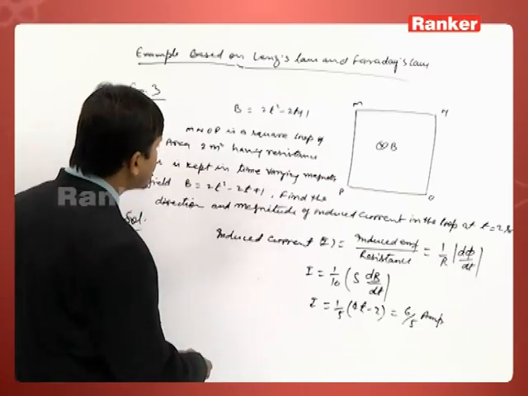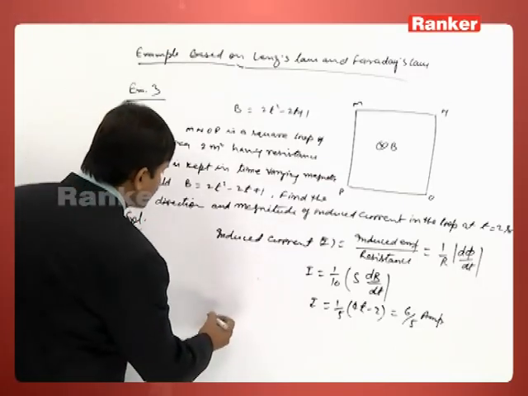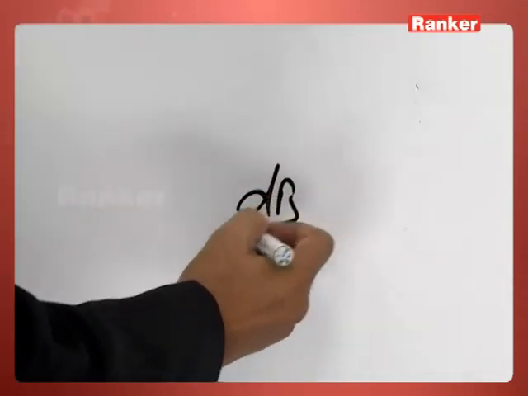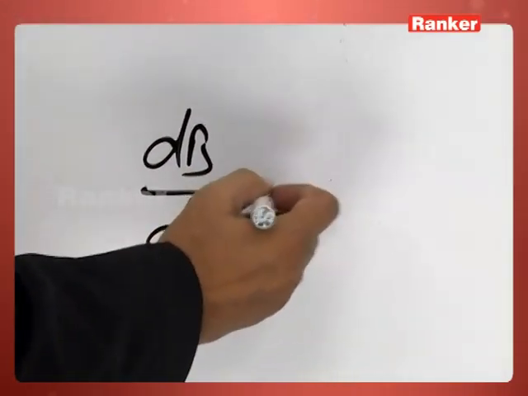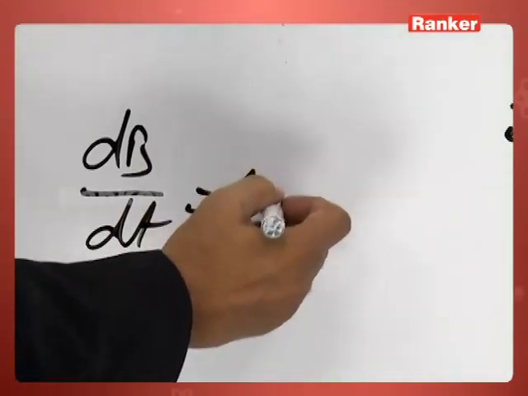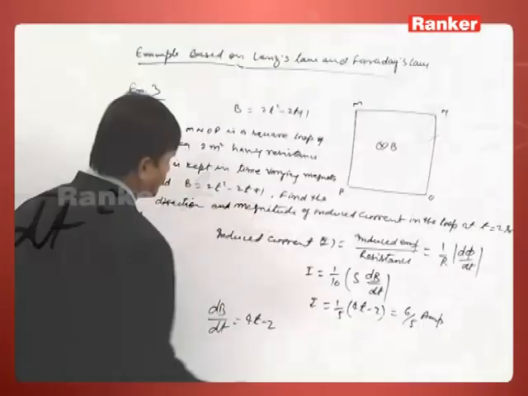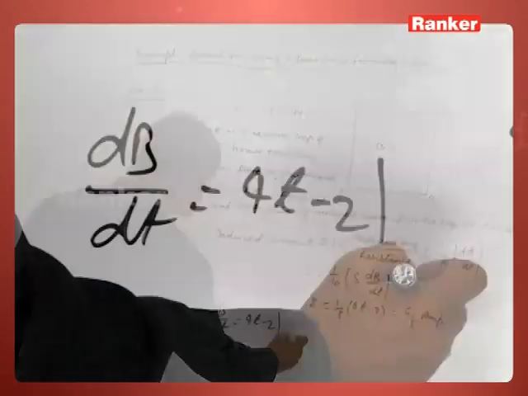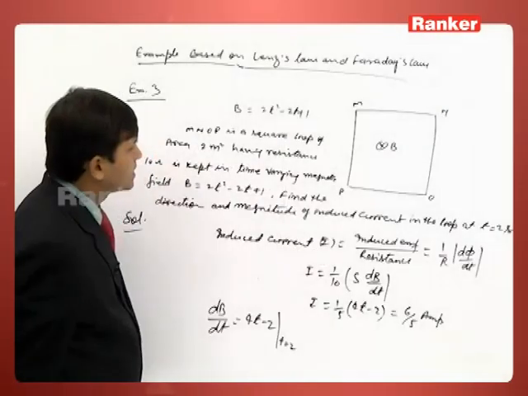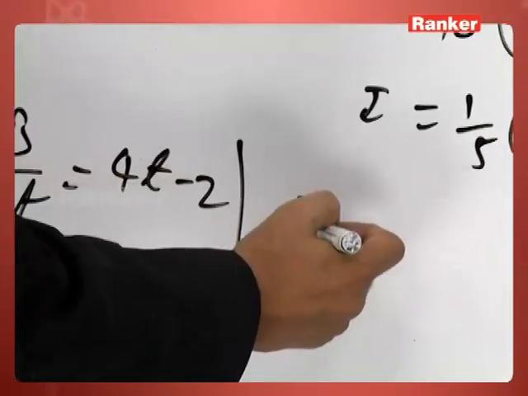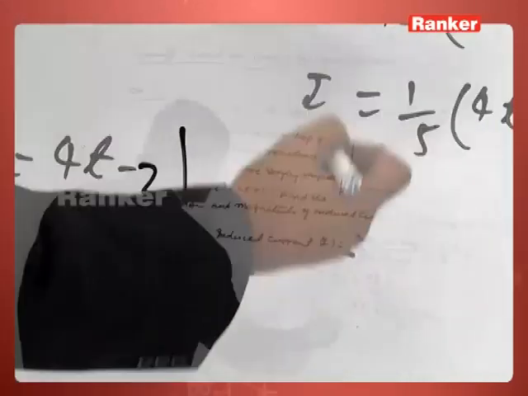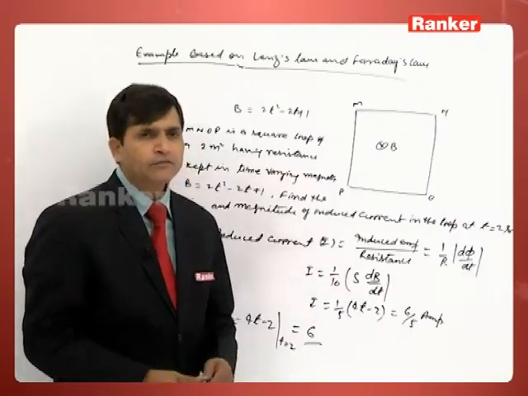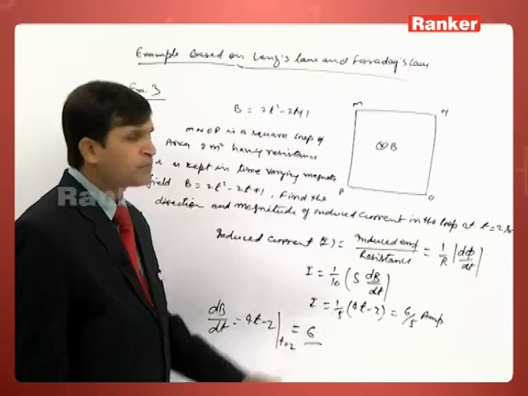For that we will find dV by dt. dV by dt, as we have found here, is 4t minus 2. We are looking for this value at t equal to 2 seconds, and it comes to 6. So that gives us a rate of change of magnetic field of 6, which means positive.